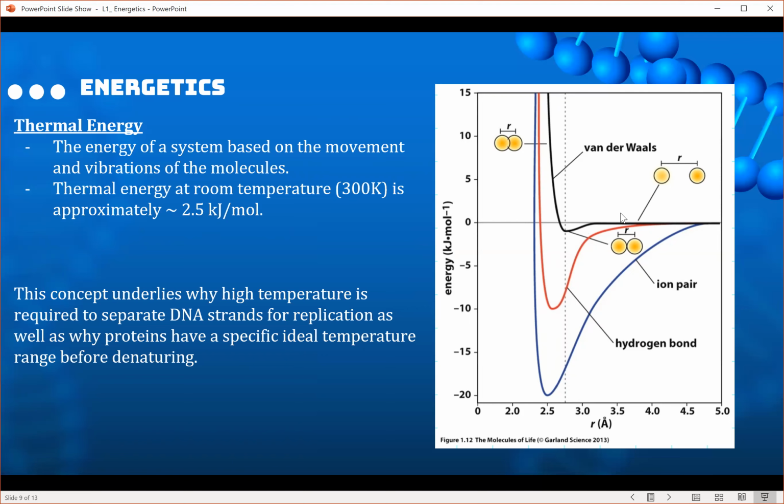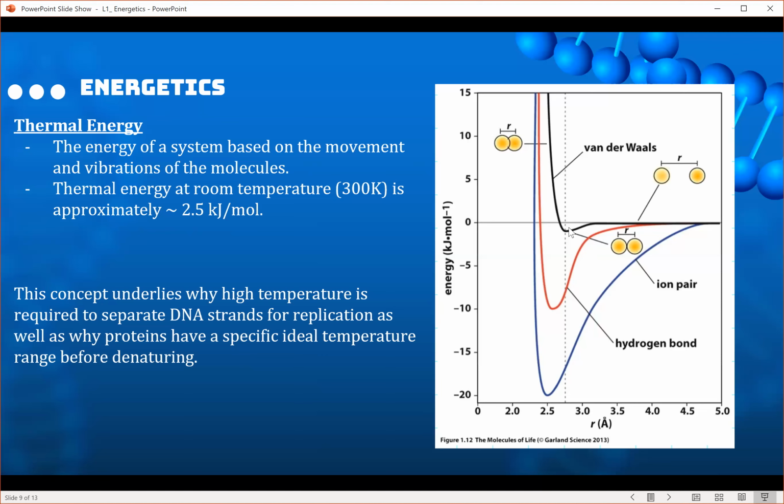But what's important is that this thermal energy tells us whether an interaction could be disrupted or not. If we take, for example, room temperature and look at this ion pair, it has a stabilization energy of approximately 20 kilojoules per mole. It's massive, which means that we would not expect thermal energy and random collisions to break an ion pair at room temperature because the thermal energy is less than the stabilization energy.